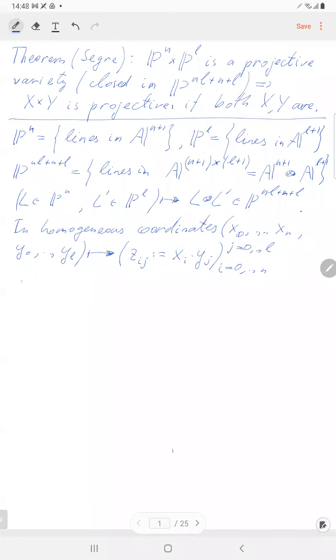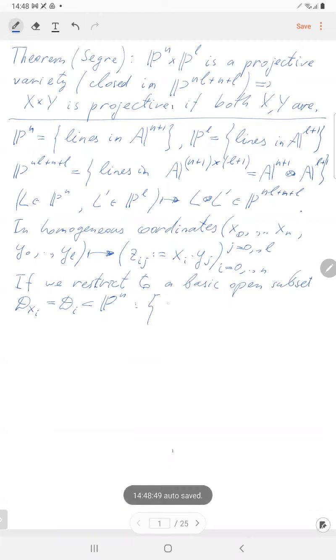So if we restrict to a basic open subset, let's denote it d_xi, in Pn, given by an equation that the ith coordinate does not vanish, and then because it's defined up to multiplication by a scalar, we can set it equal to 1.